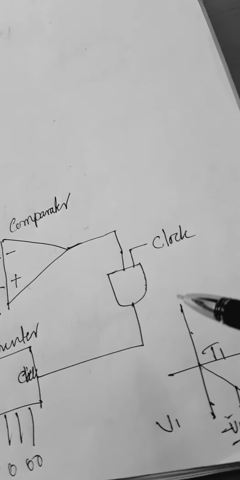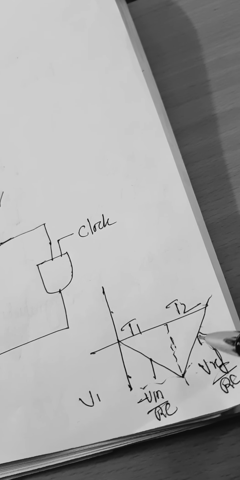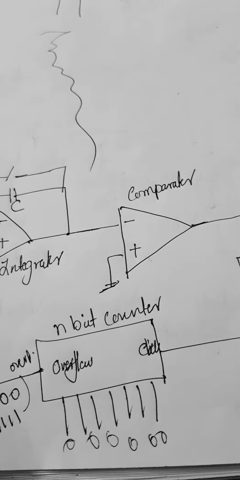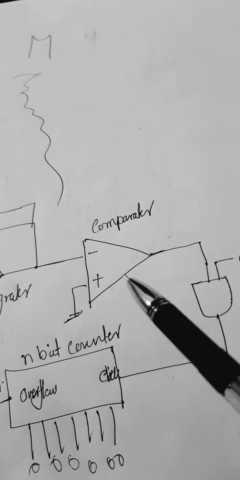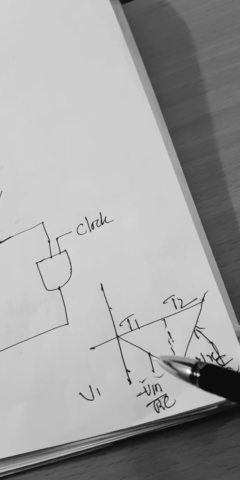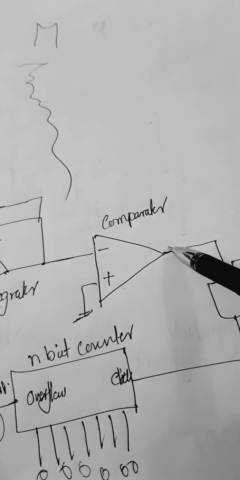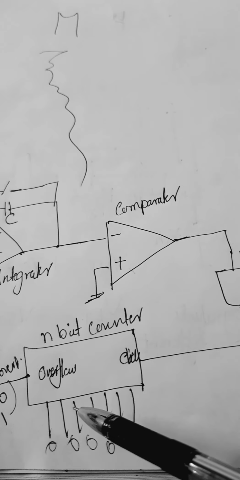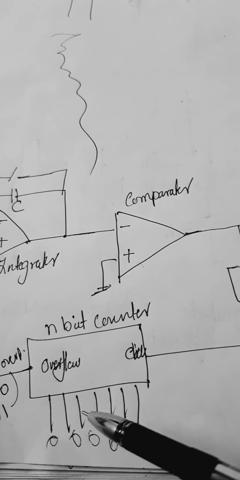At that time the integrator starts integrating in the positive direction, but the output is still on the negative side, so the comparator is positive and the counter again starts counting.